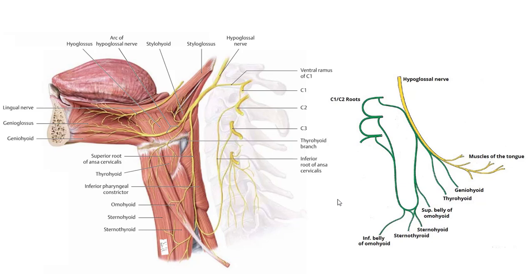So, in this way, the hypoglossal nerve is related to and forms an anastomosis with the cervical plexus. Please keep in mind that the main branch of the hypoglossal nerve continues and innervates the thyrohyoid muscle with fibers from the first cervical spinal nerve.